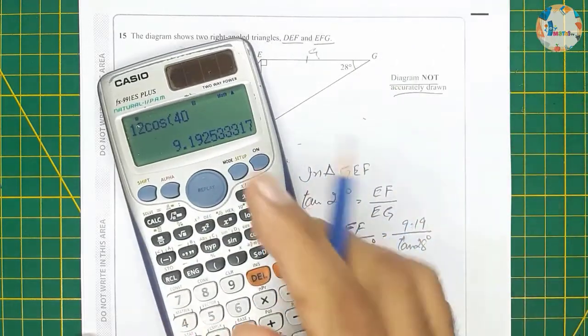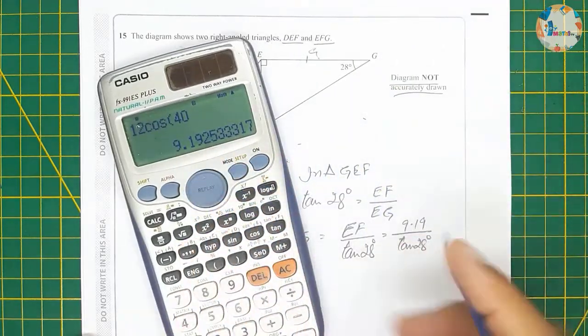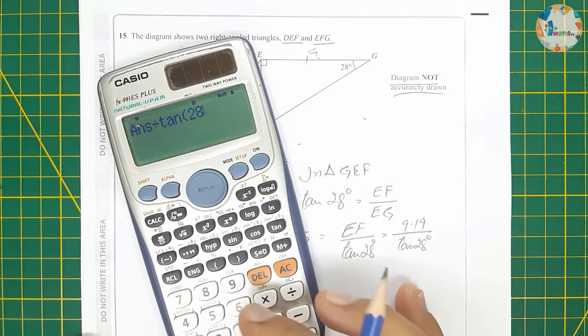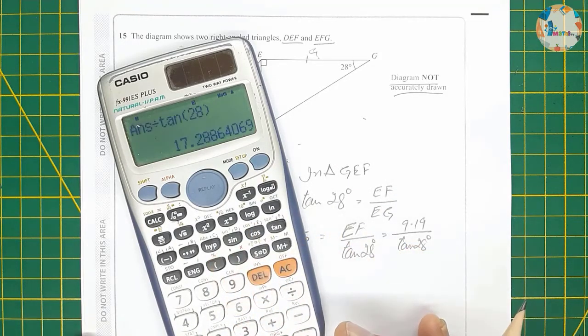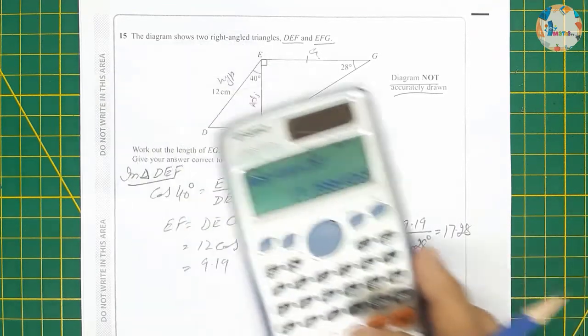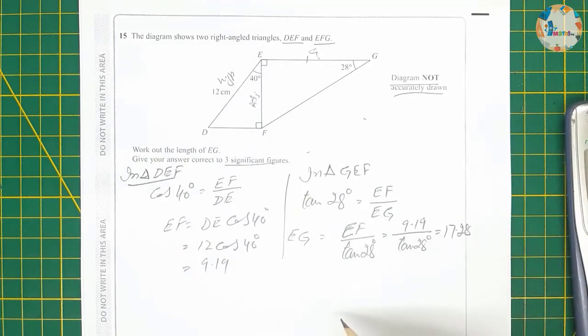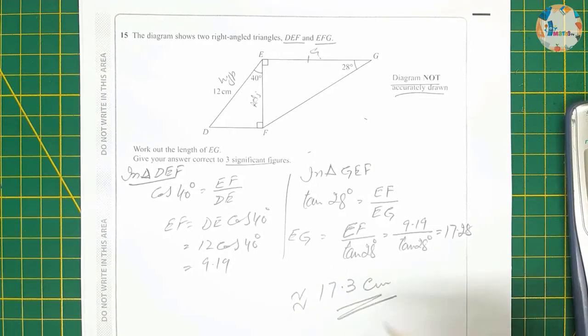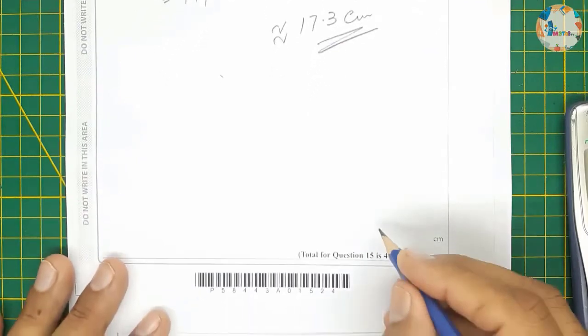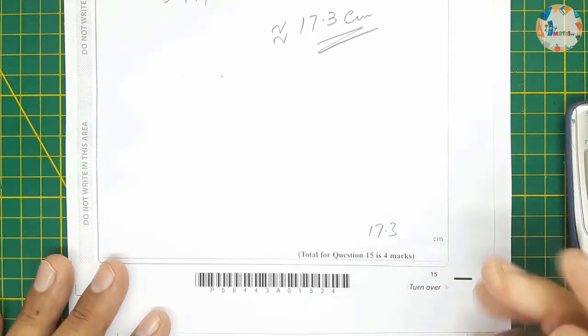I'll be using all the digits of this one, and I will divide this by tan of 28, and this will give us the answer 17.28 centimeters basically, so approximately equal to 17.3 centimeters. This will be our answer, and we will write here 17.3 centimeters.